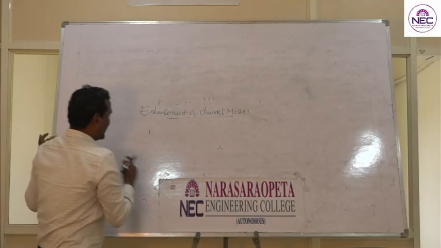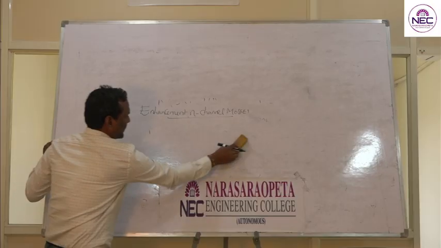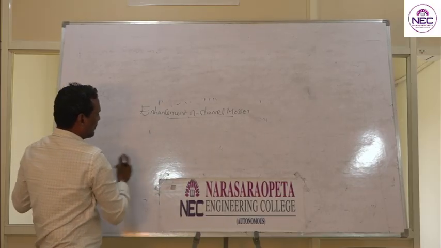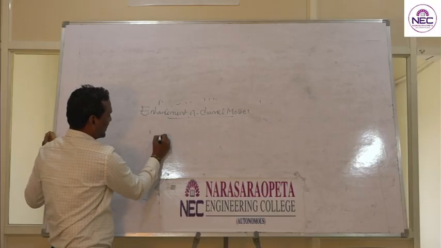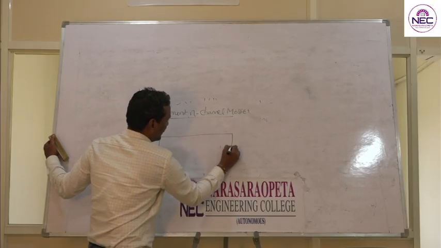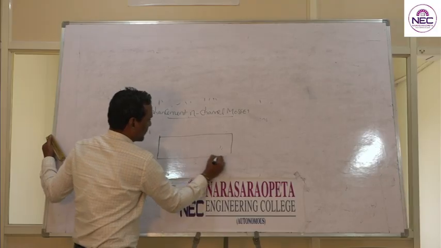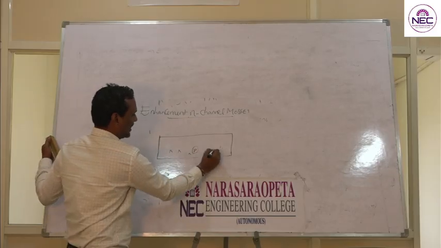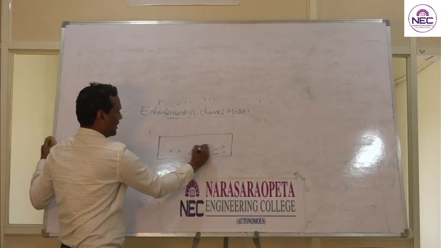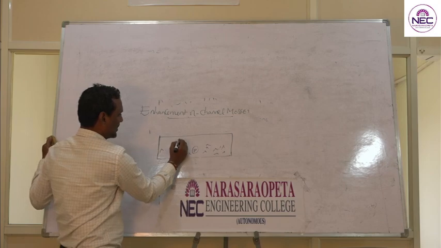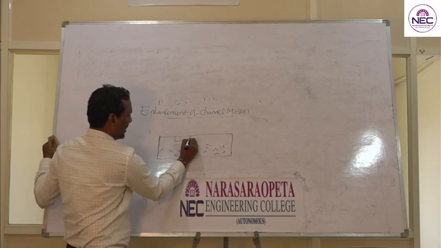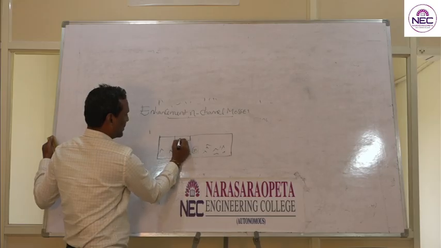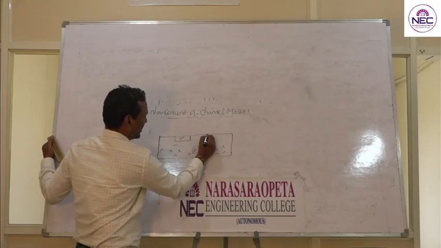Now this is the basic structure of the N channel MOSFET. This is the p-type substrate. It is filled with majority charge carriers, which are holes, and minority charge carriers, which are electrons. These are the N plus impurities.